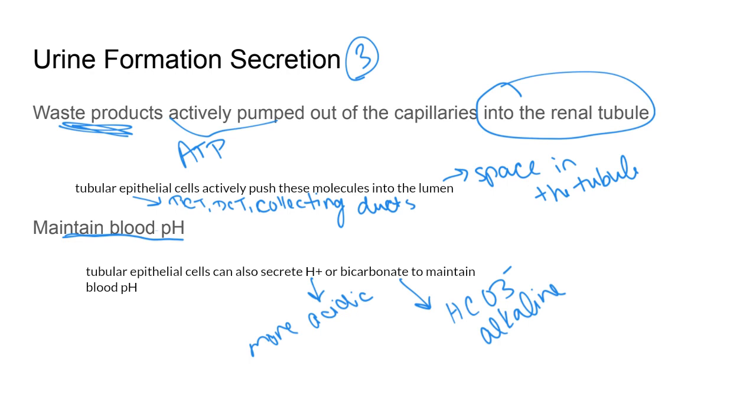So they're helping to maintain that blood pH of approximately 7.4. Also, some drugs can be secreted here as well, out of the bloodstream and into the kidneys. Things like penicillin and aspirin are removed by the kidneys during this secretion process.